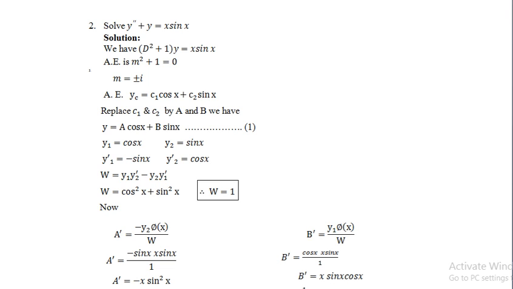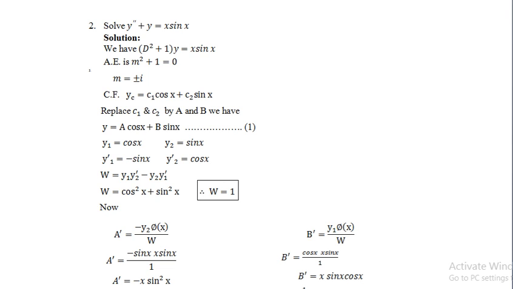So its complementary function is yc equal to c1 cos x plus c2 sin x here. So c1 and c2 are constants, replace c1 and c2 by a and b. A cos x plus b sin x here, which is equal to y.